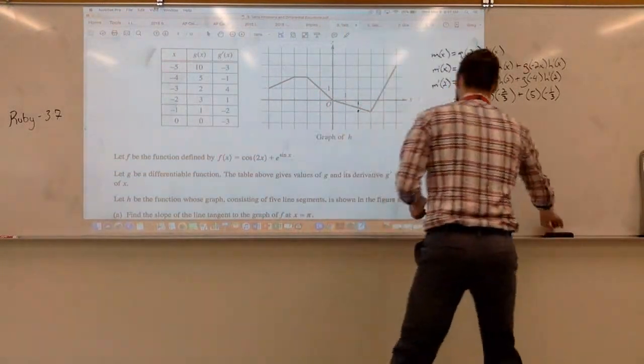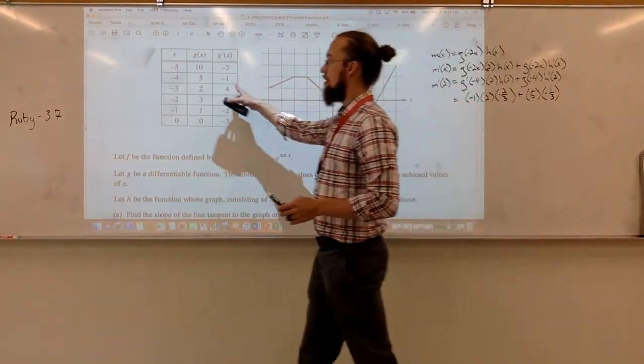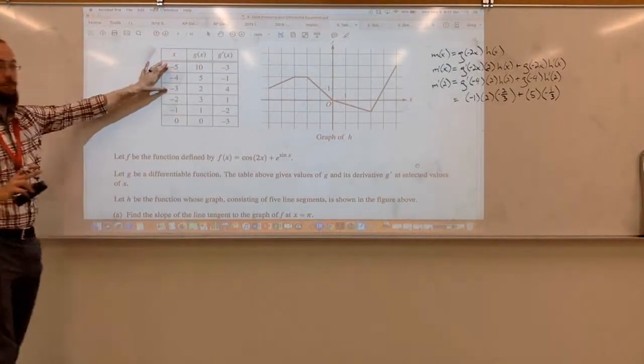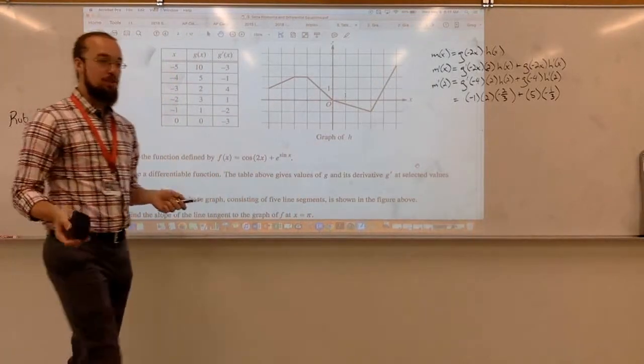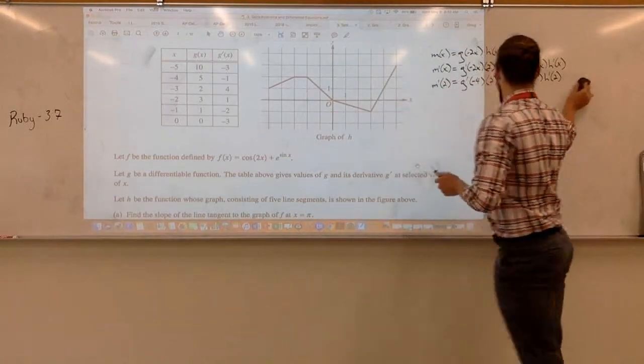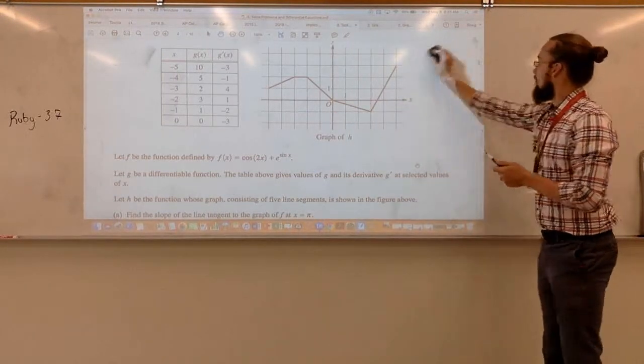So, on the interval, if we're looking at g from -5 to -3, it's asking me a question about the slope, right? G prime.